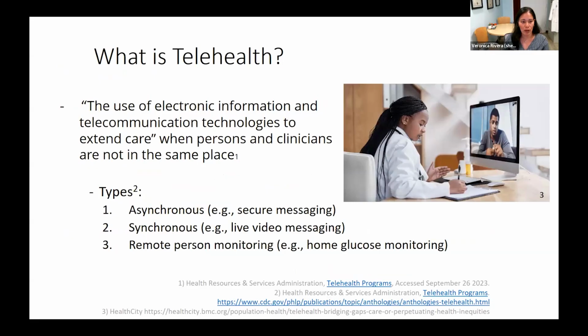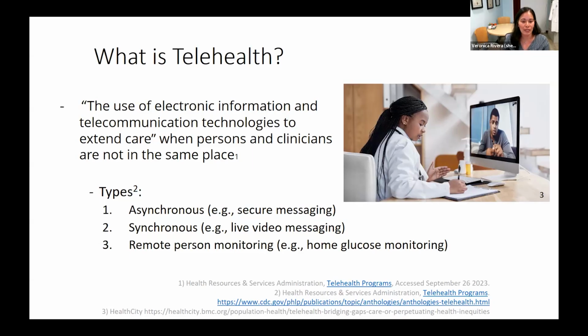So starting off more broadly, just talking about the terminology of what is telehealth. The definition is the use of electronic information and telecommunication technologies to extend care when persons and clinicians are not in the same place. So there are different ways to have telehealth between patients and clinicians when we are not in the same place.